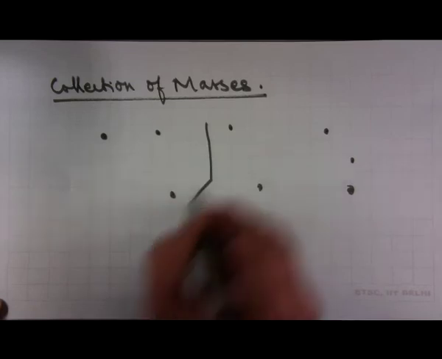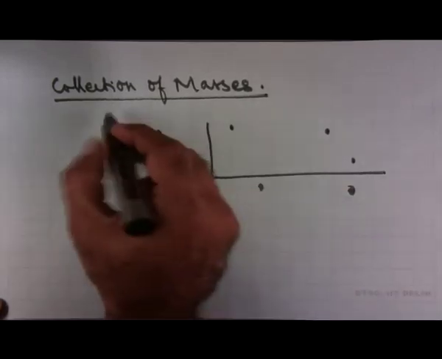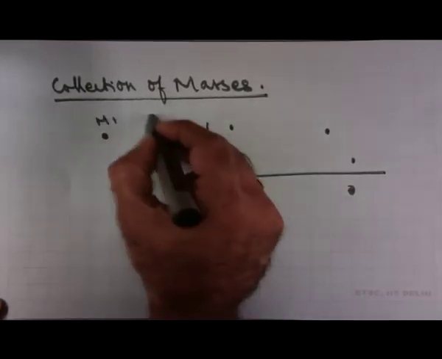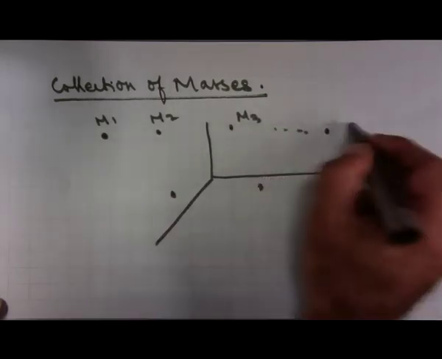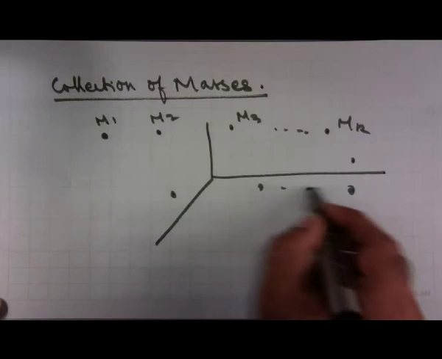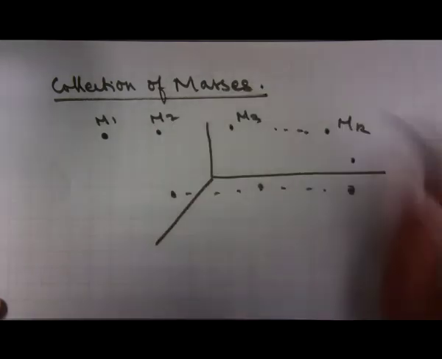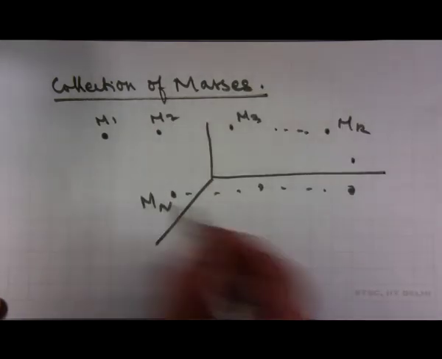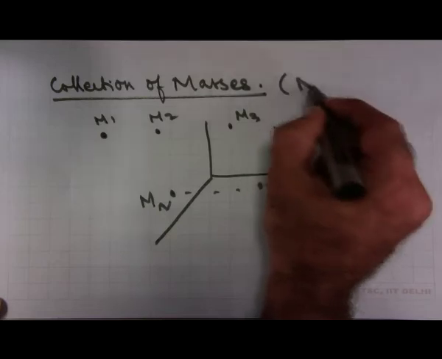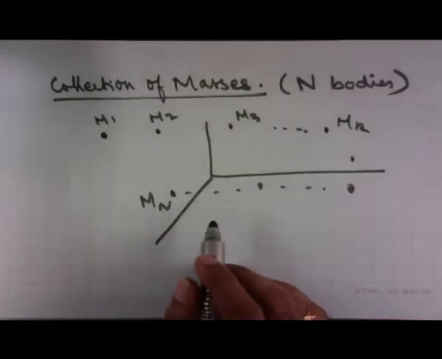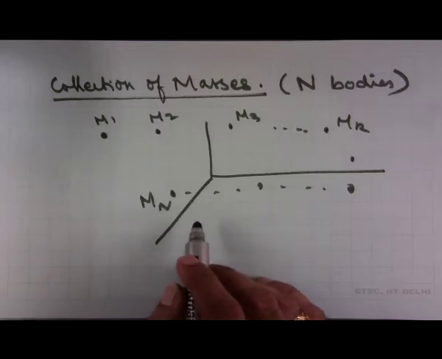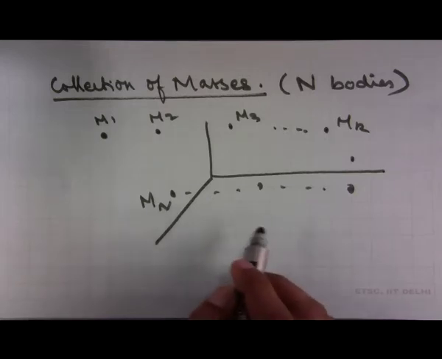Okay, this is my coordinate system. So, this has a mass m1, this is a mass m2, m3, mk, and let me call this, as I am going in this direction, Mn. So how many bodies are there? N bodies of respective masses M1, M2, M3, Mk, Mn.